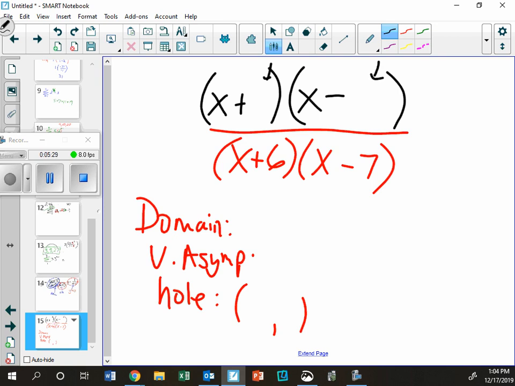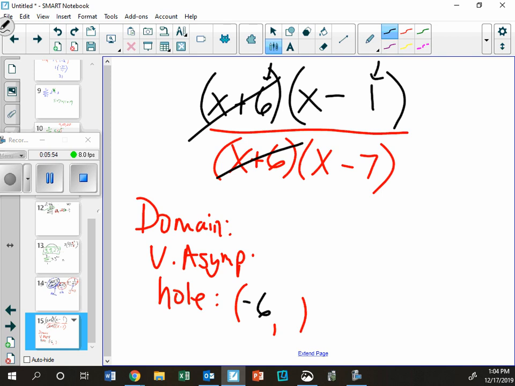All right. And was it that? Okay. Now, is that going to make something cancel? Yeah. Was it guaranteed something was going to cancel? No, not until you factored that and you just checked. All right, so something does cancel, and that creates a what? A hole. And the hole is at negative 6, not positive 6.